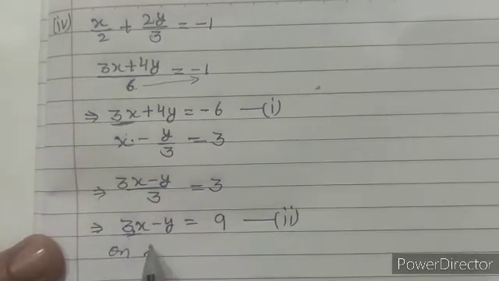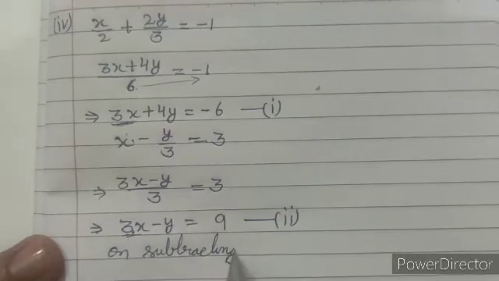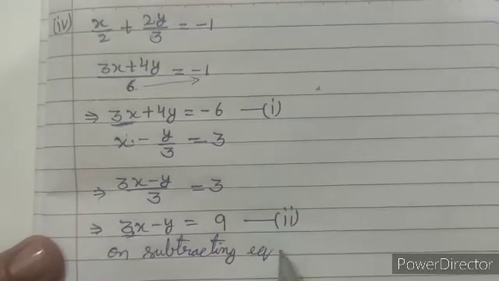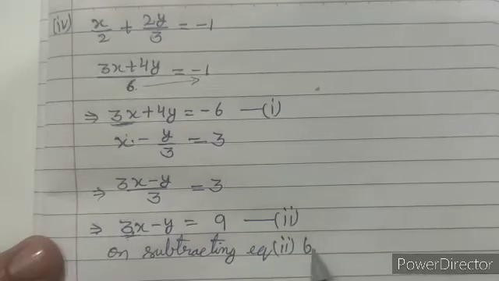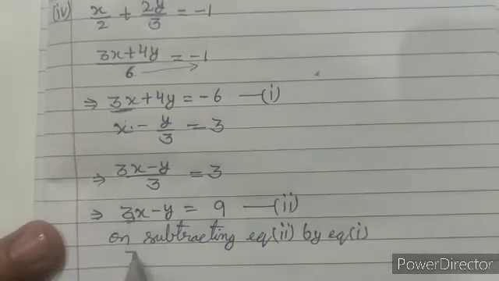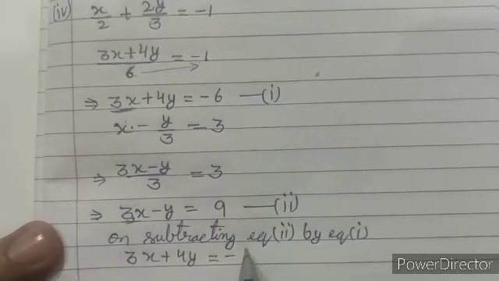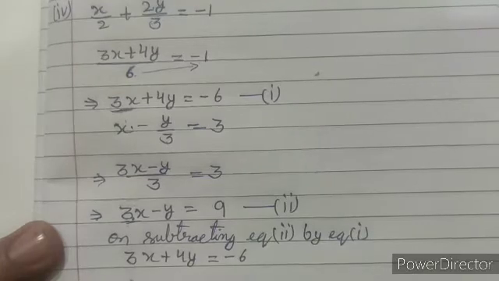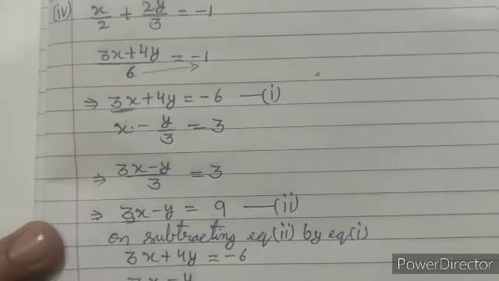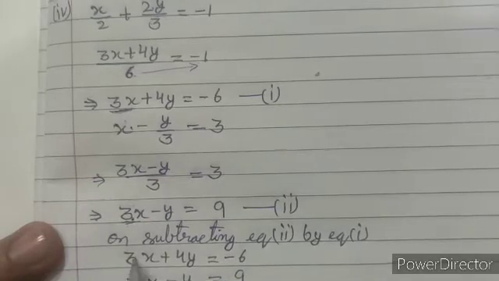Now on subtracting equation second from equation first, so this will be 3x plus 4y equal to minus 6, that was our first equation, and 3x minus y equal to 9 is our second equation. Now we will subtract these two.